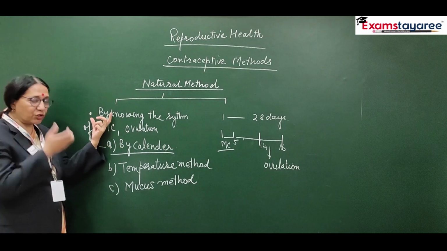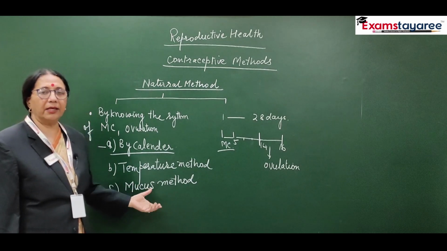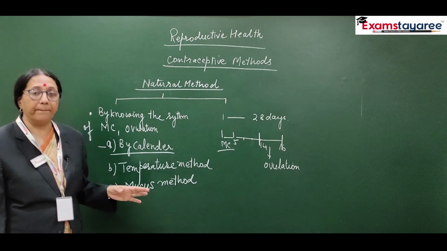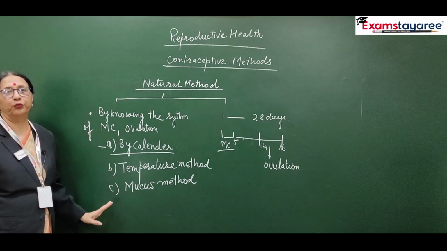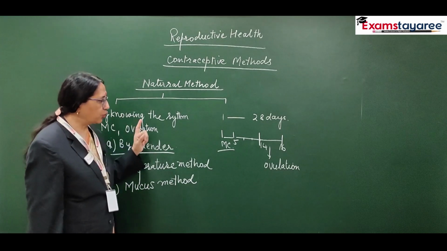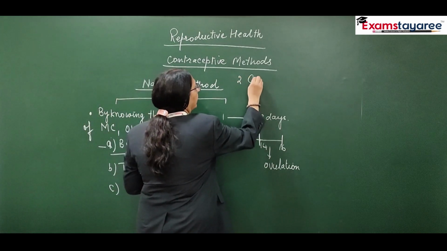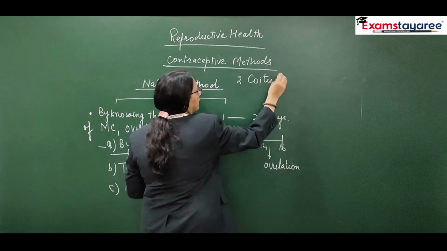Now, the natural methods are very safe methods and there are no side effects, but they are not foolproof methods. The second natural method is coitus interruptus.